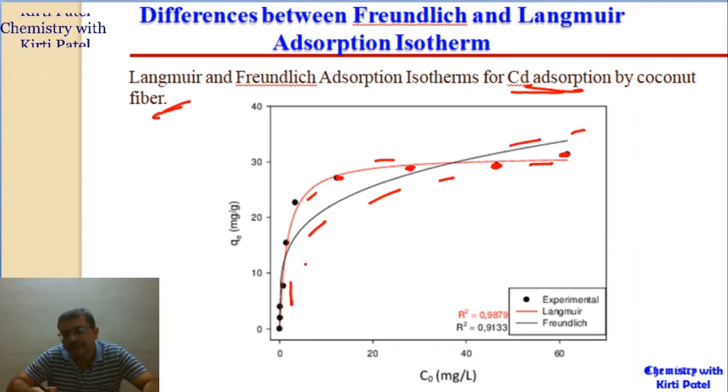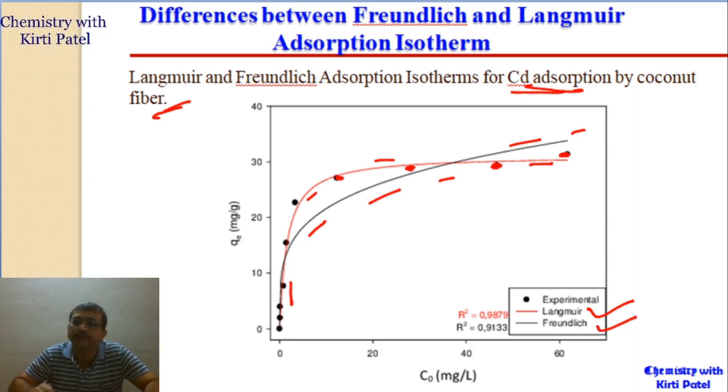What we can see here is that the black line is not fitting properly with the experimental values, but the red line is fitting it. That is, Langmuir's adsorption isotherm fits much better than the Freundlich adsorption isotherm in the case of adsorption of cadmium over the coconut fiber.